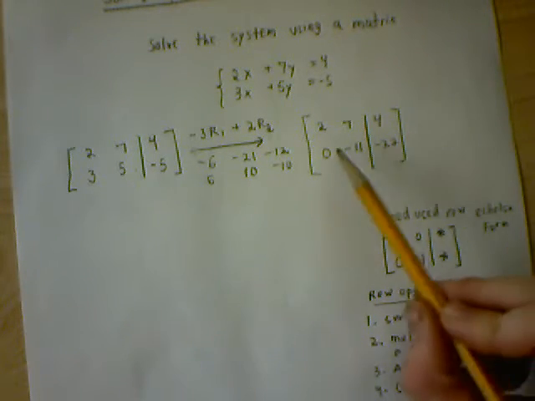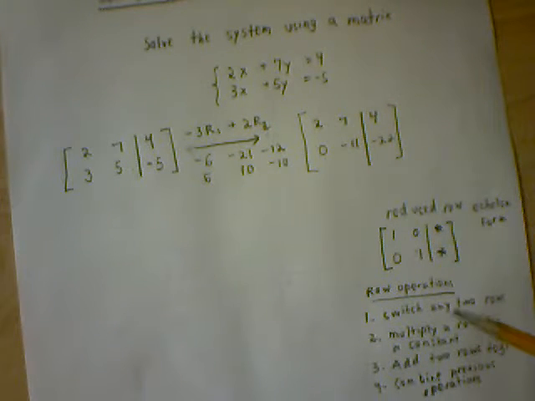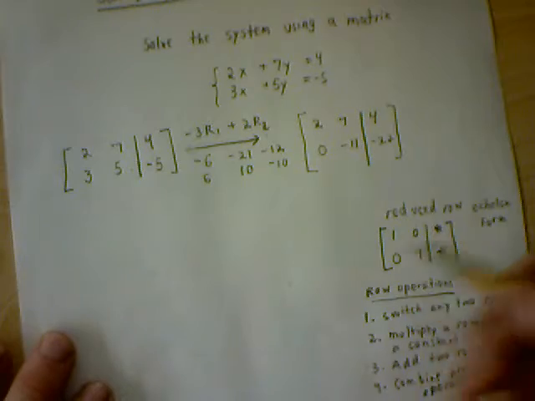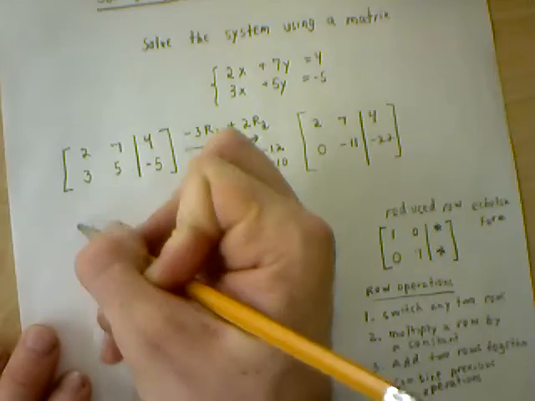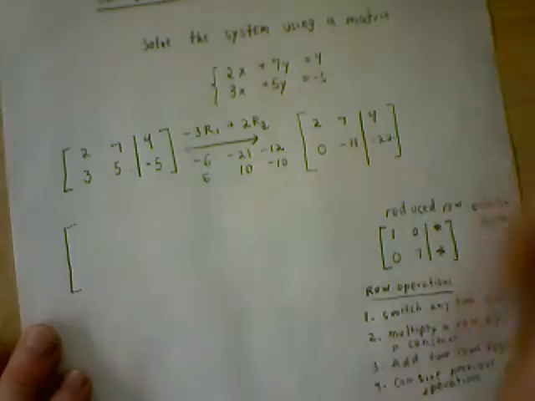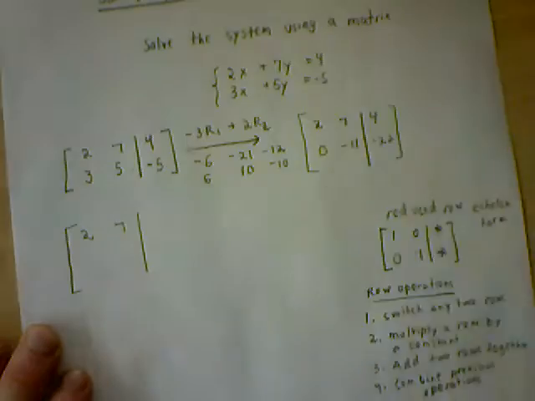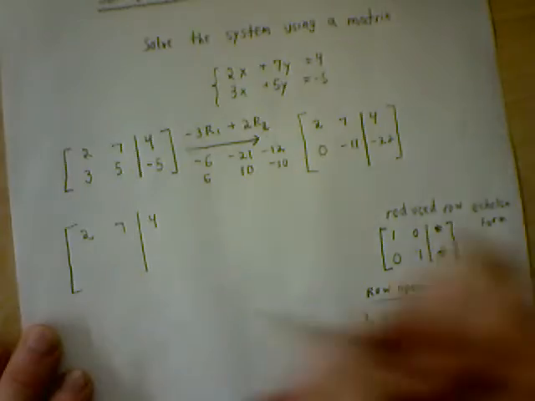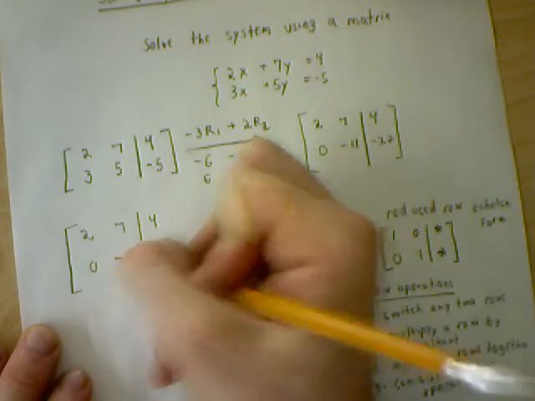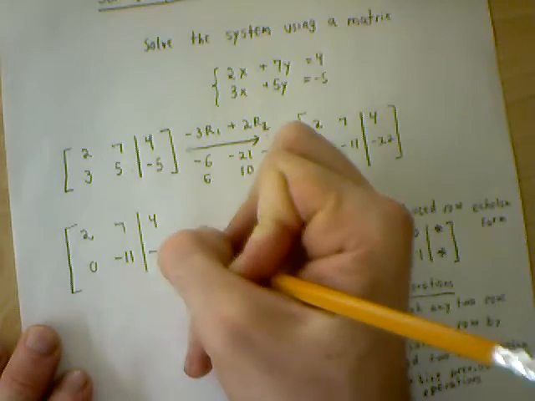Next, I want to simplify the second row. One of the things we can do in row operations is multiply by a constant. I'm going to multiply row 2 by -1/11.